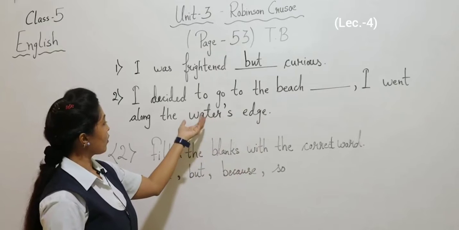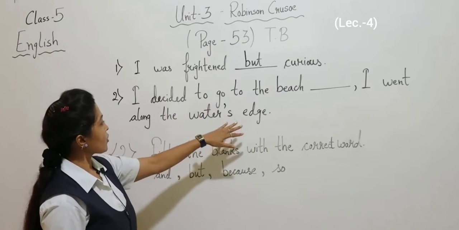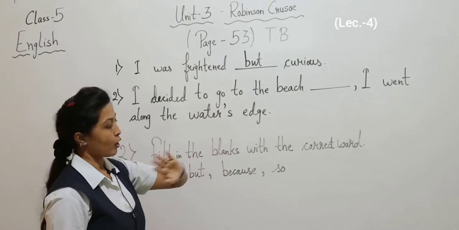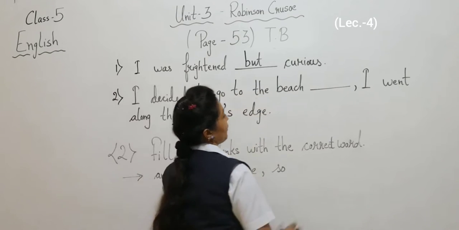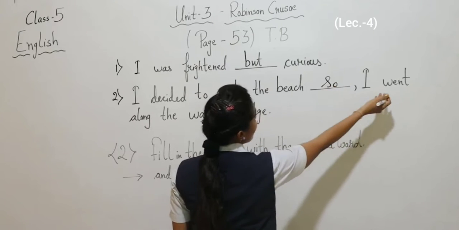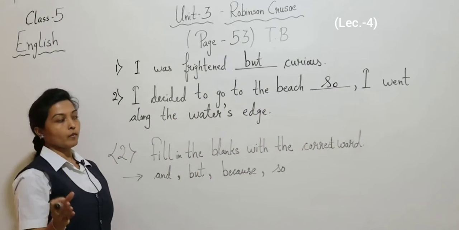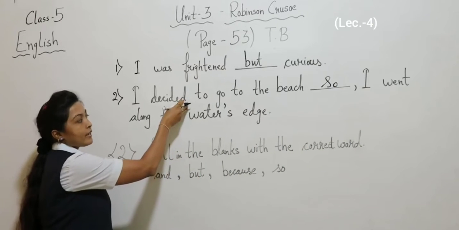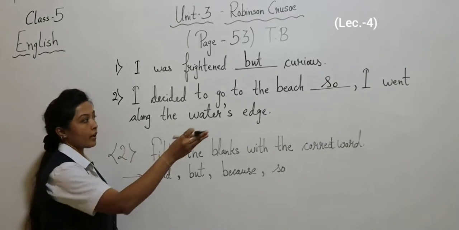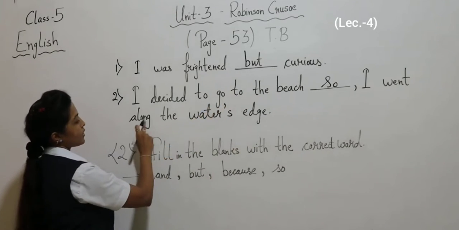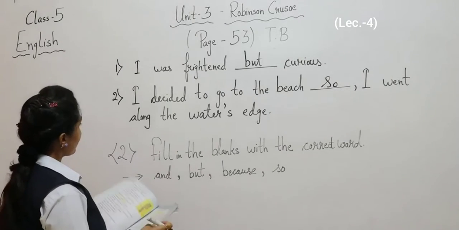No. I decided to go to the beach, so I went along the water's edge. As I decided that I have to go to the beach, so that is why I went along the water's edge.